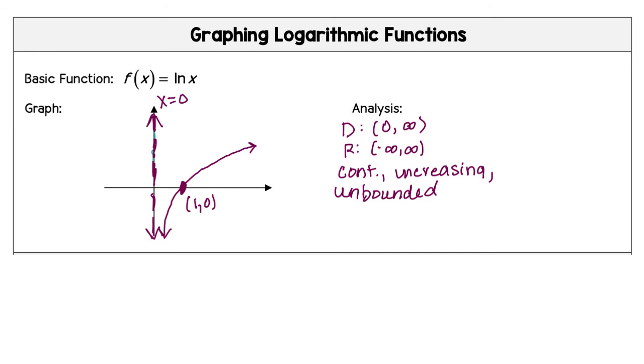That's important to know. You do have a vertical asymptote at x equals 0. And your limit as x approaches infinity of the function itself is infinity. All right. So take this basic function, keep it in your mind because we're about to do some shifts with it.